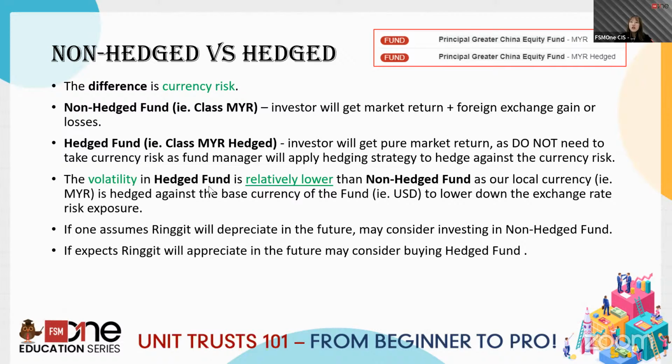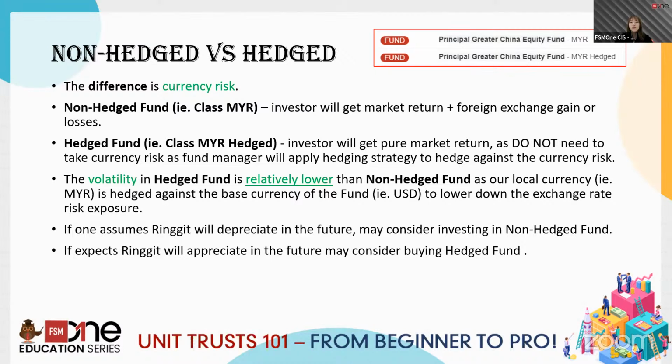So the volatility in the hedged fund is relatively lower compared to the non-hedged fund, as our local currency in the MYRH class is hedged against the base currency of the fund, which is US dollar, to lower the exchange rate risk exposure.